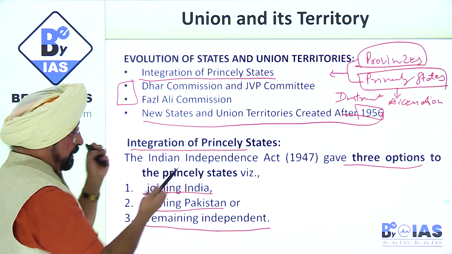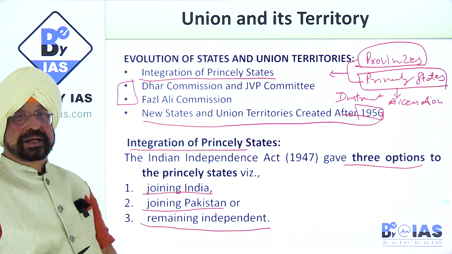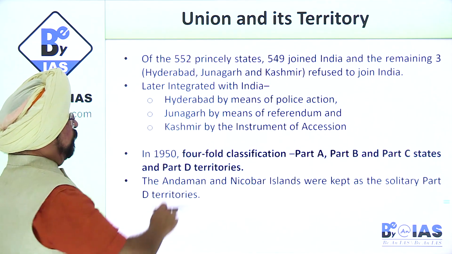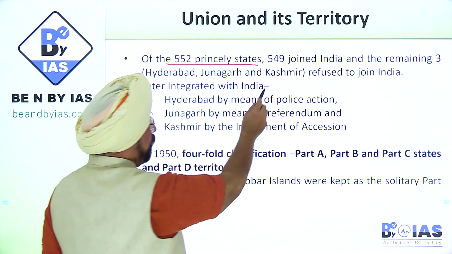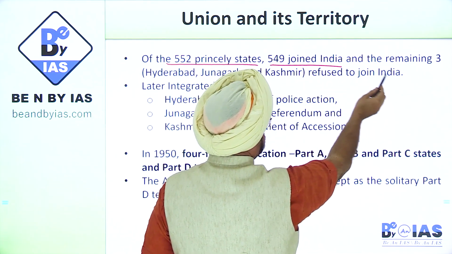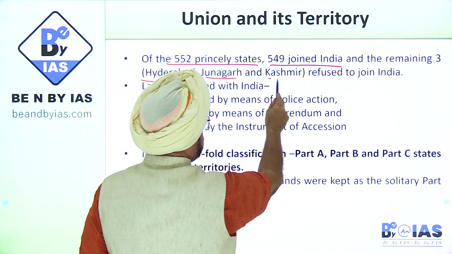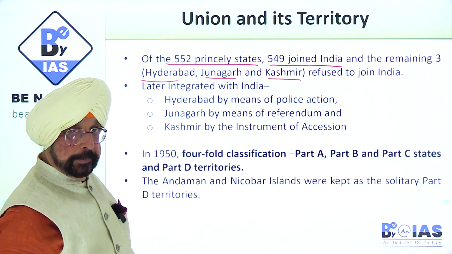So as far as princely states were concerned, they had to opt for one of these 3 options. So out of 552 princely states, 549 joined India, and the remaining 3, Hyderabad, Junagadh and Kashmir, refused to join India initially.